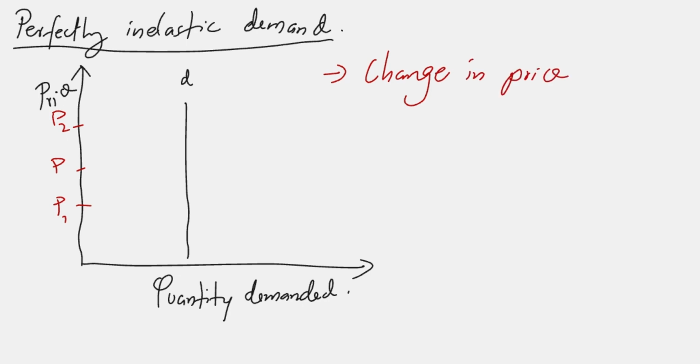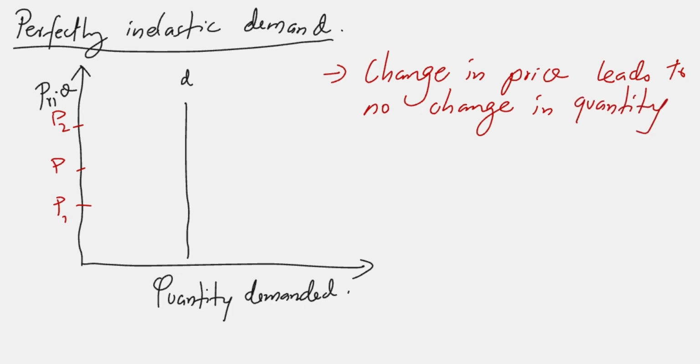So we say that a change in price will usually lead to no change in the quantity demanded. And here you're basically saying that move the price from P to P1, you are not changing anything.